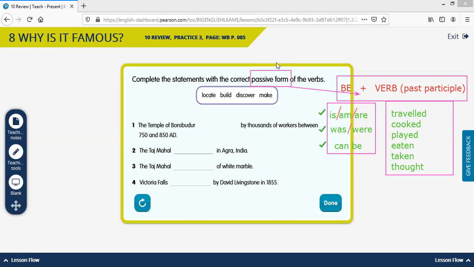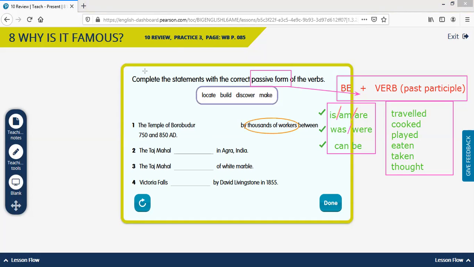In number 1, in the sentence, okay, we have the temple of Borobudur, and then we have thousands of workers. Okay, this is the subject that really did the action.